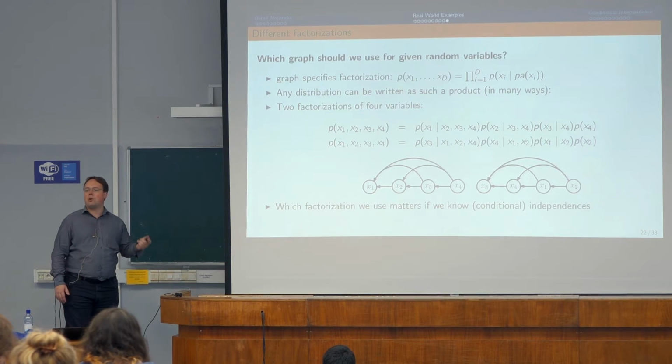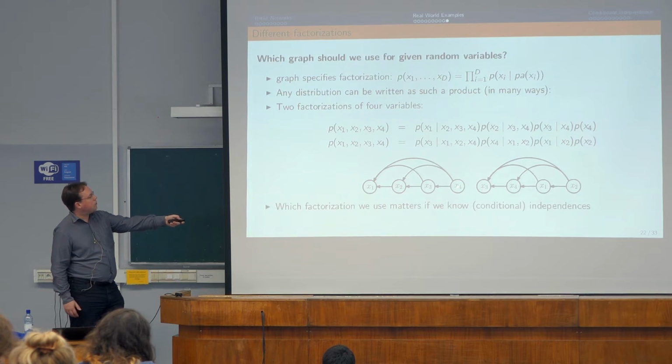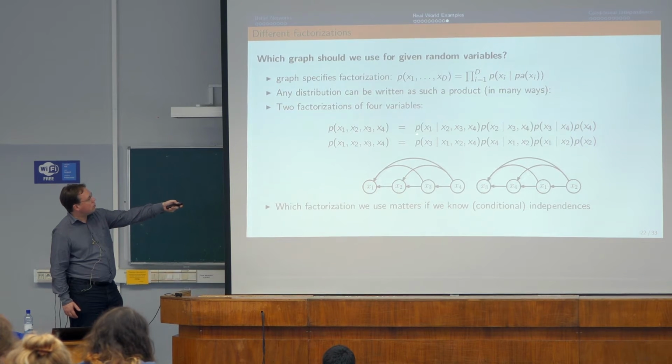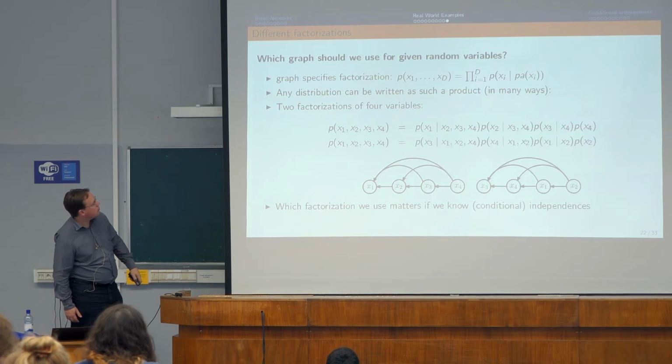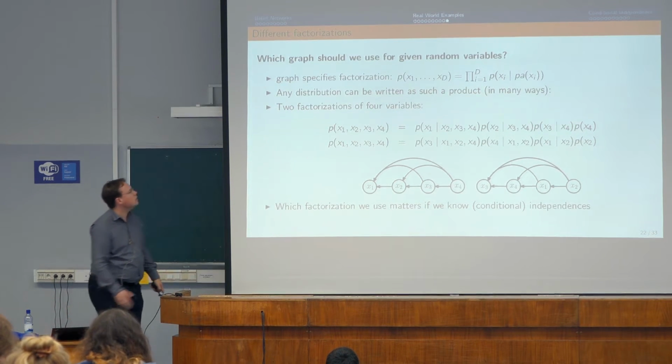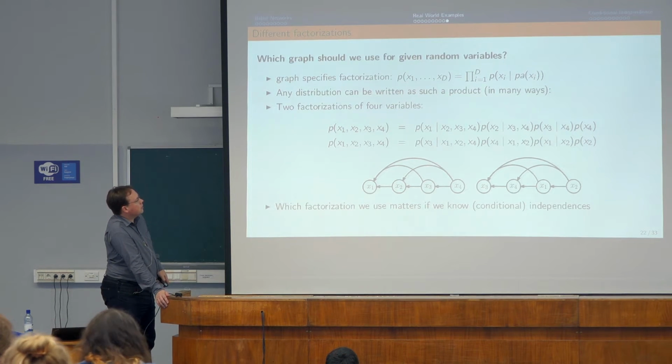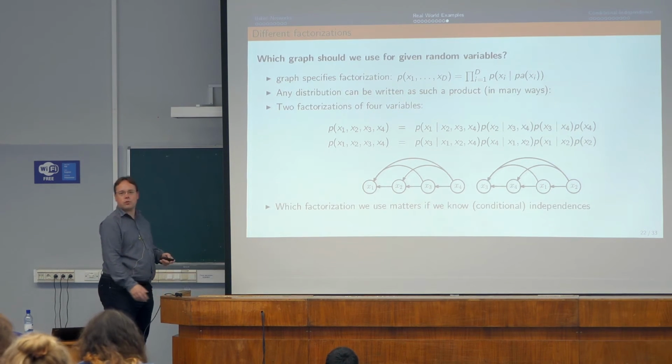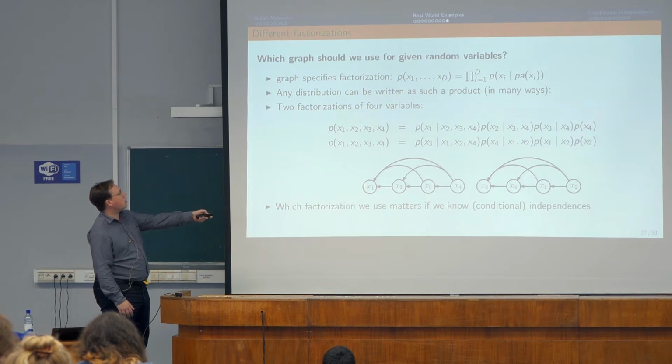But they correspond to different models, I mean to different arrows and boxes. So here, x4 is conditioned on x1, x2, and x3. Sorry, you should correct me. You always look for the parents.